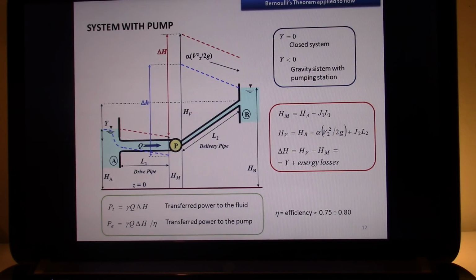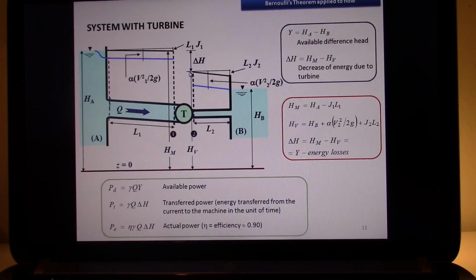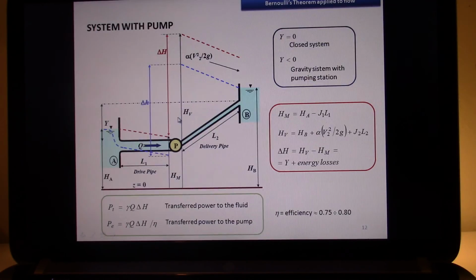When you want to evaluate this amount of energy, it must be positive, because in the end this amount of energy is necessary to evaluate the power, and the power is something that is always positive and not negative, of course. So the only thing that I think is really necessary to remember is that if you have a pump, you increase your energy. If you have a turbine, you decrease your energy.